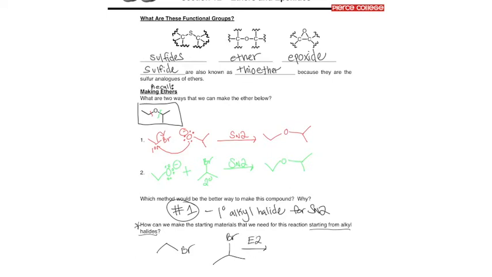Do an E2. And then we have to get alcohol there. And then we have to do a simple acid-base reaction to turn it into an alkoxide.